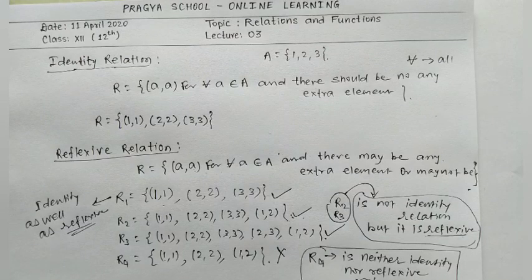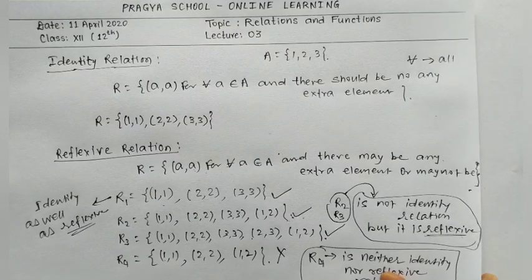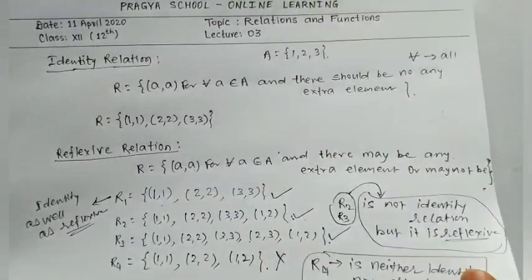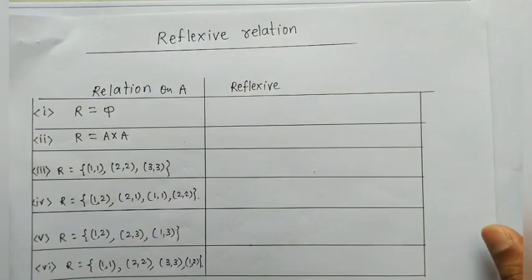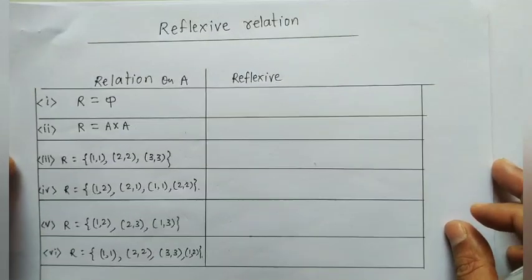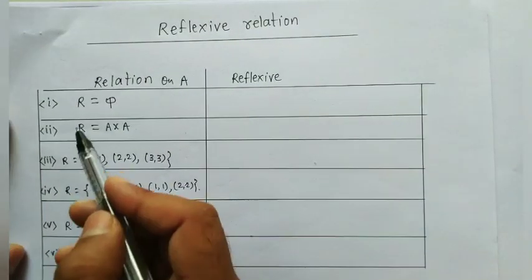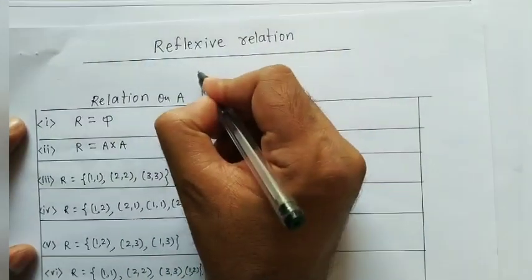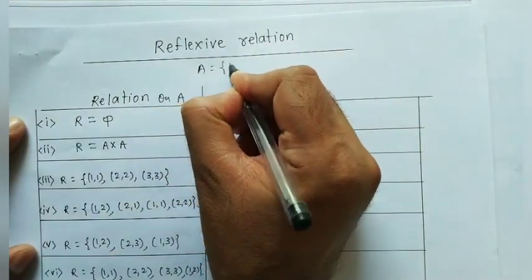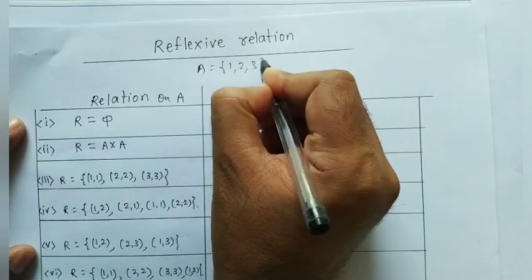Okay, so let us see some more practice on reflexive relation. We have one chart here for reflexive relation. On one side some relation is given, a relation on set A, and this time set A is {1, 2, 3}.